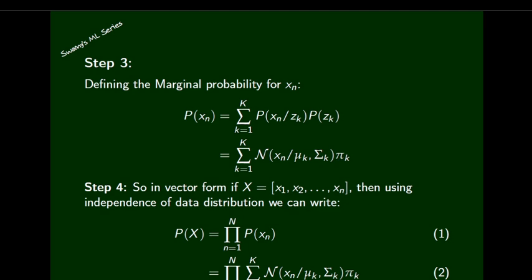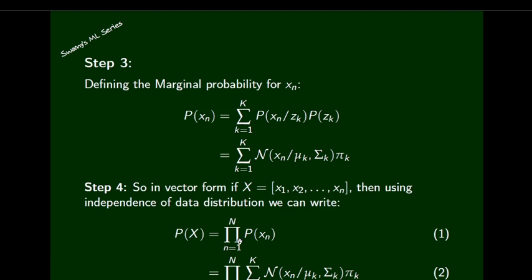So to find P of X, we use the joint distribution. In the case of x1, x2, etc., xN, they are independent. If x1, x2, etc., xN are independent, we can use the direct multiplication theorem, and so we apply this product.